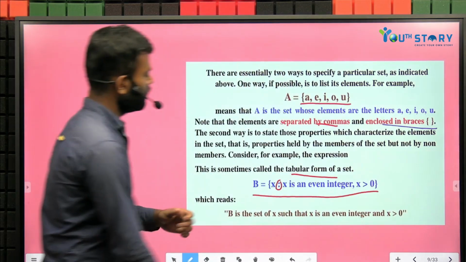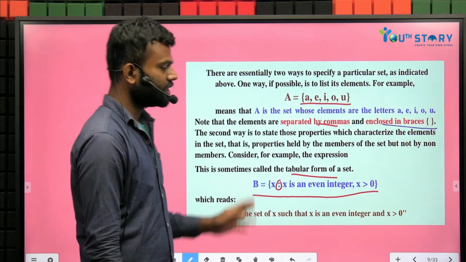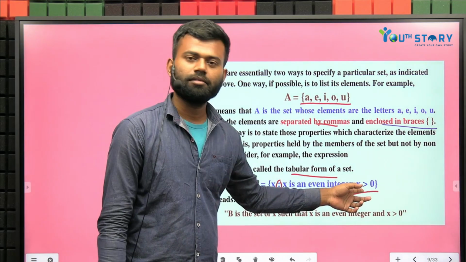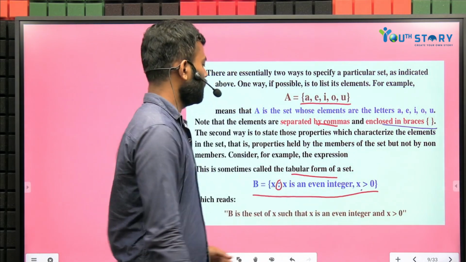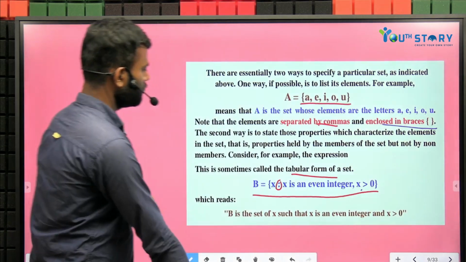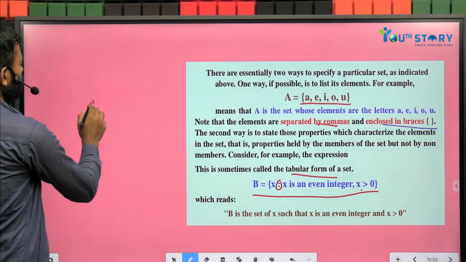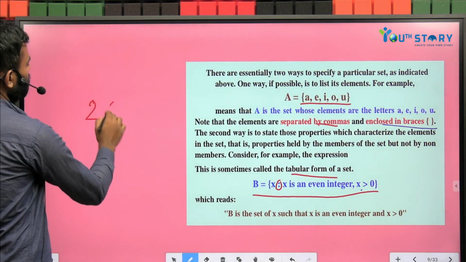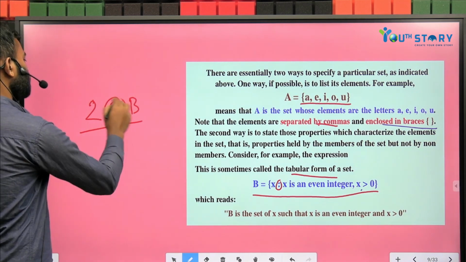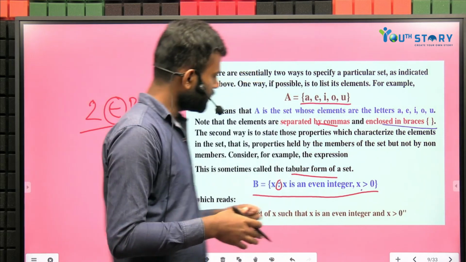This means we are taking those x which have two characteristics: greater than 0, positive, and even in nature. So we can easily write 2 belongs to B, here this symbol is belongs to, or we can say that 2 is a member of B.